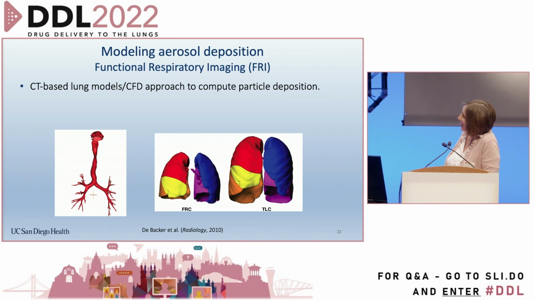Then they connect the flow distribution at the boundary based on two CT images of the lung at two different lung volumes, so that they can determine the global distribution of the flow between these different regions of the lung. By adjusting their model so that it represents the proper increase in lobar volume between the beginning and end of inspiration, they can come up with an estimate of aerosol deposition in the lung.